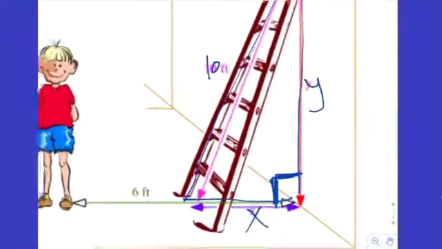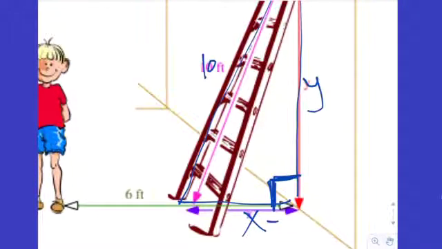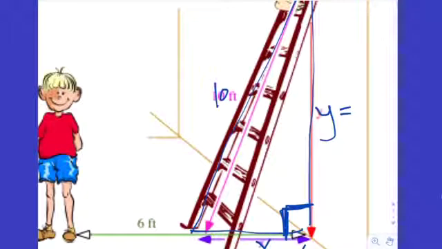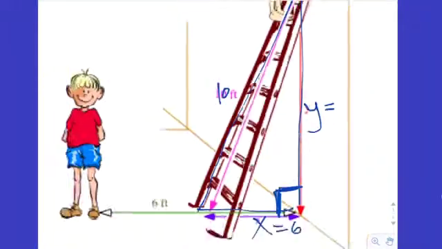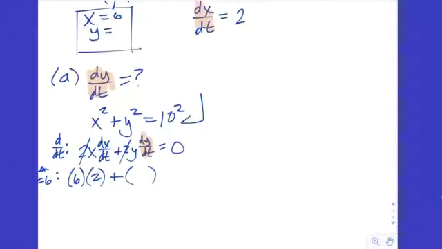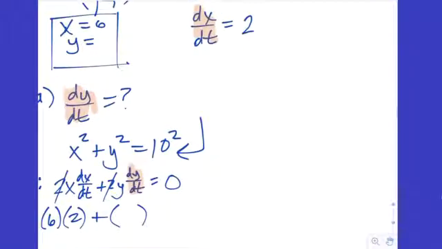So if you want to come over here and label the snapshot moment, x is 6 at the moment, and we need to find y. If you don't recognize it as a dilation of a Pythagorean triple, that's what this equation right here is for. That's your position equation. Some of you already know it. That's fine. I'll just assume that we don't know it. So I get 6 squared plus y squared equals 10 squared.